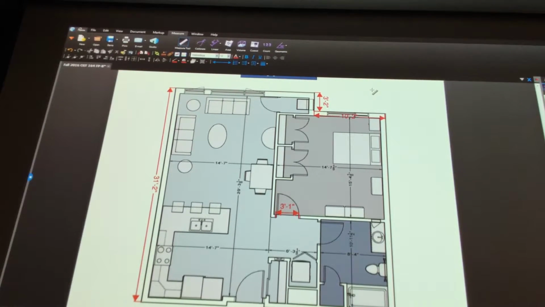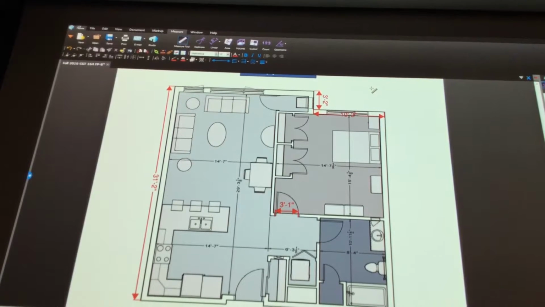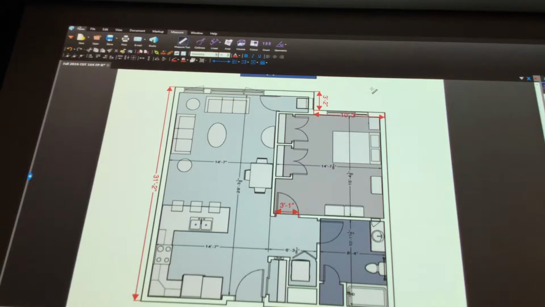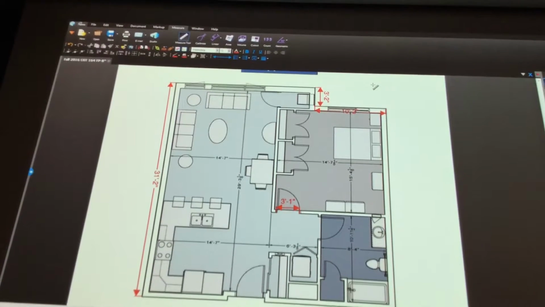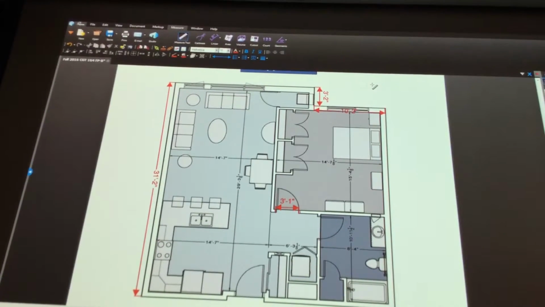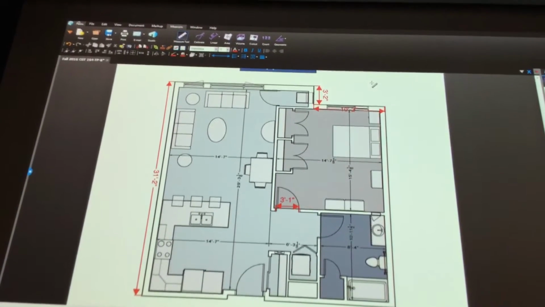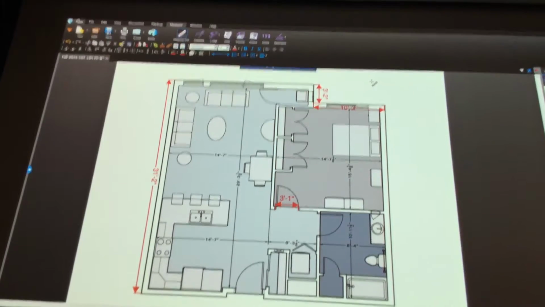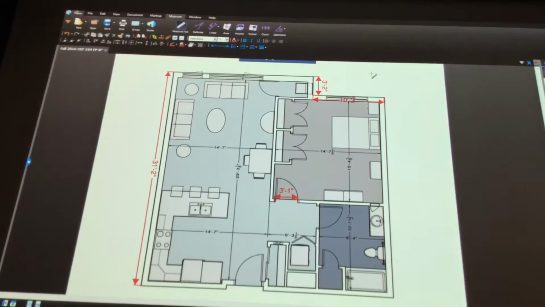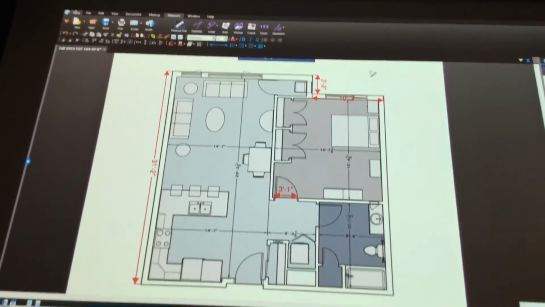Are we designing our own rooms or are we imitating? Either or. It's up to you and your group. I have had entire groups redesign the entire apartment complex. I don't care.